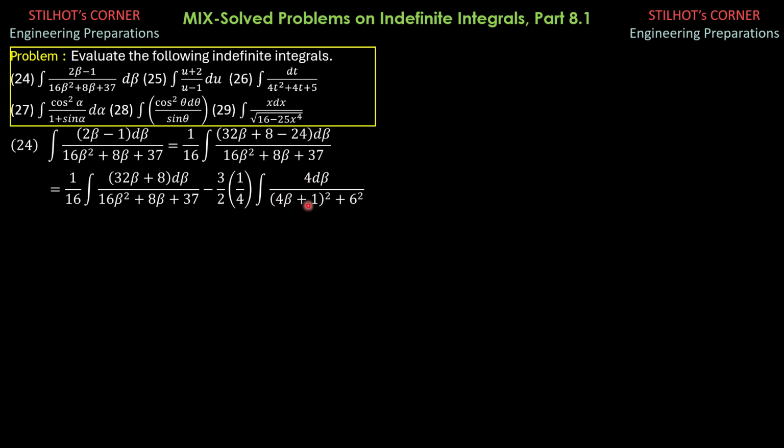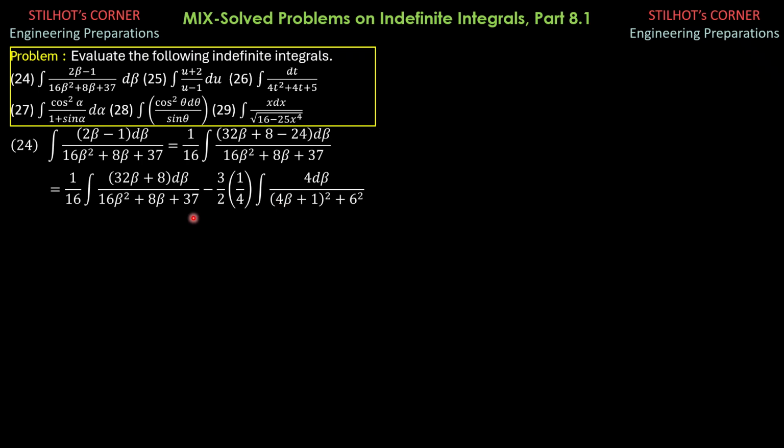Then this is now in the form integral of du over u squared plus a squared, whose integral is 1 over a arctangent of u over a, where a is 6 and u is 4 beta plus 1.